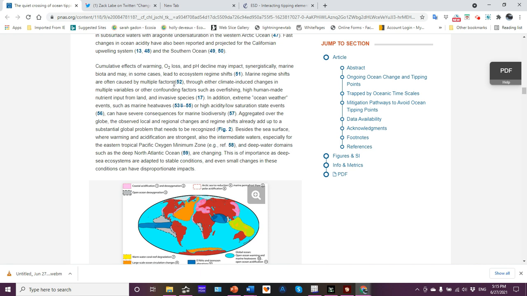Cumulative effects of warming, oxygen loss, pH decline, increasing acidity, may impact synergistically marine biota and may, in some cases, lead to ecosystem regime shifts. What they're talking about here is these different factors, the warming, the oxygen decline, the pH decline, the increasing CO2, right?